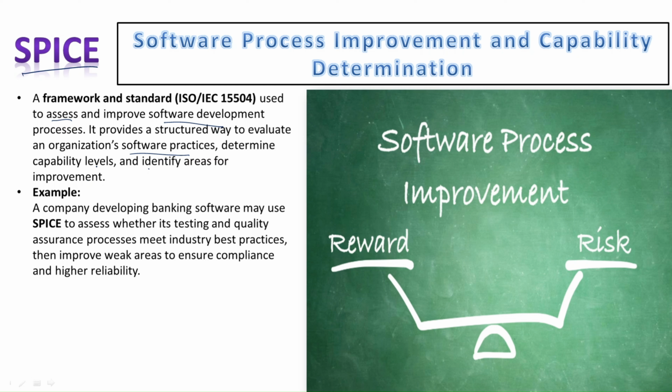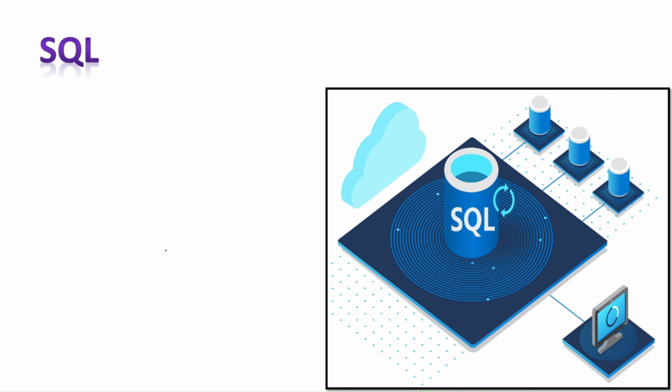For example, a company developing banking software may use SPICE to assess whether its testing and quality assurance processes meet industry best practices, then improve weak areas to ensure compliance and higher reliability.